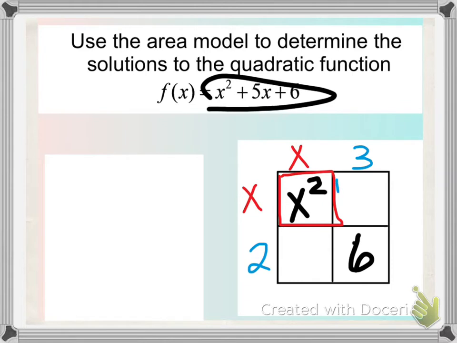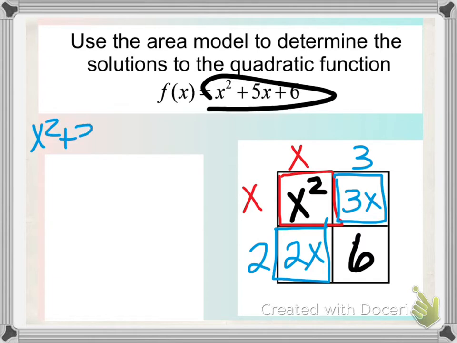So if I find the area of the second box, x times 3 is 3x. And if I find the area of my third box, 2 times x is 2x. And I check it: x squared plus 3x plus 2x plus 6.